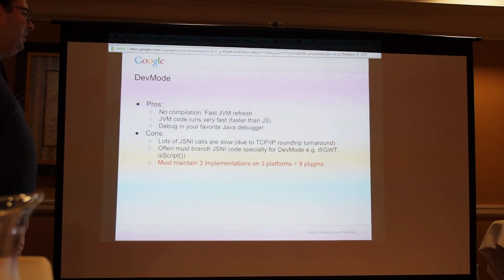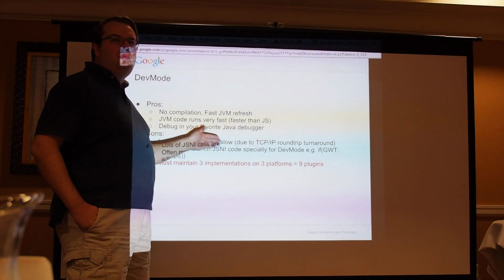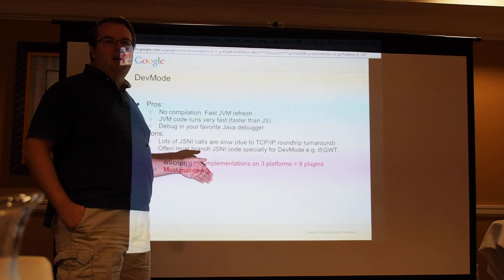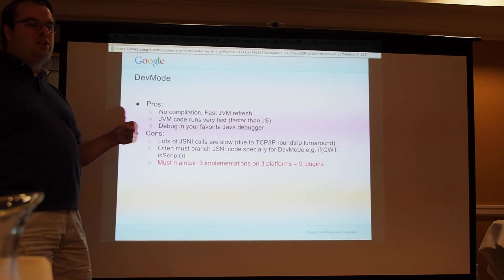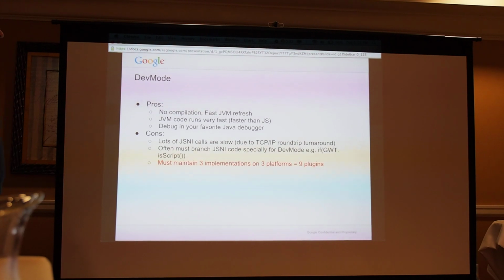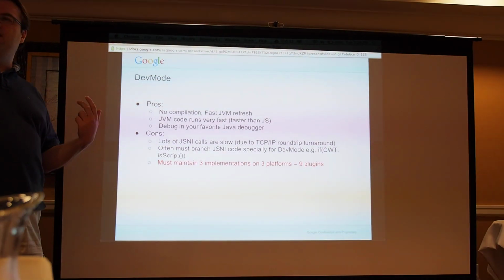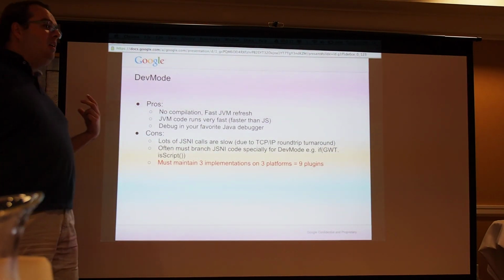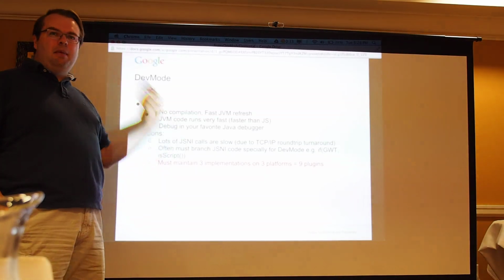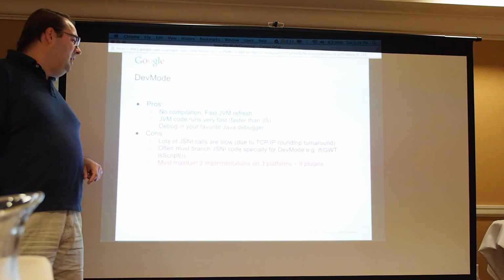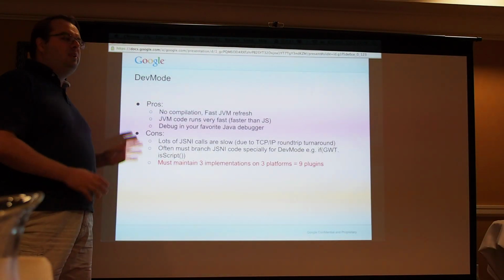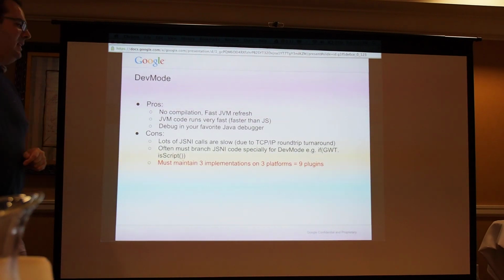That's going to create 100,000 TCP packets round-tripping back and forth to the browser, one for each synchronous call to the JavaScript. Usually it's not a problem, but for example when we ported Quake to the web, I don't know if any of you have seen GWT Quake, all of the graphics calls that are happening 60 times per second, drawing all of those triangles, made it really untenable to run within Dev Mode itself.